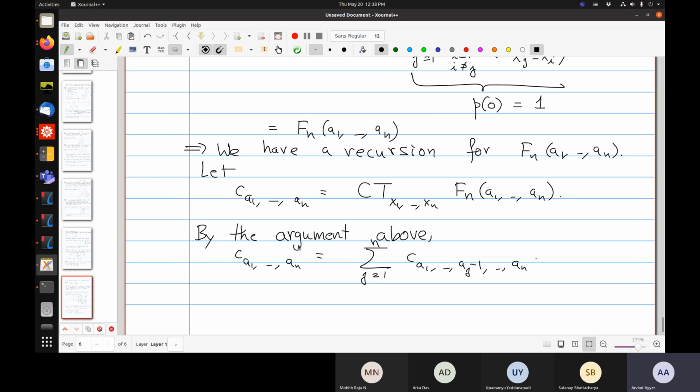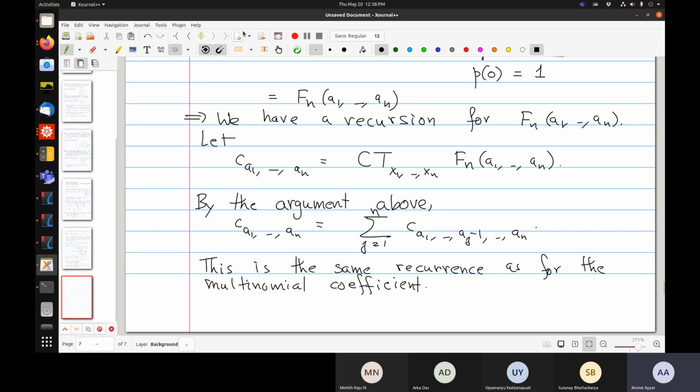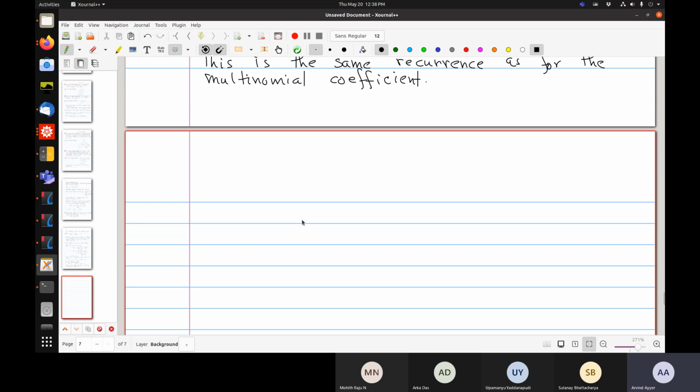We have shown that C satisfies the same recurrence as for the multinomial coefficient. Okay, very good. So that's one part. So we've shown that it satisfies the same recurrence.